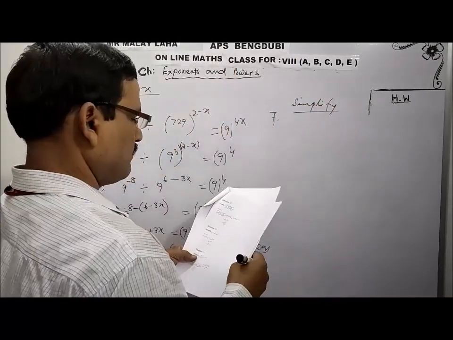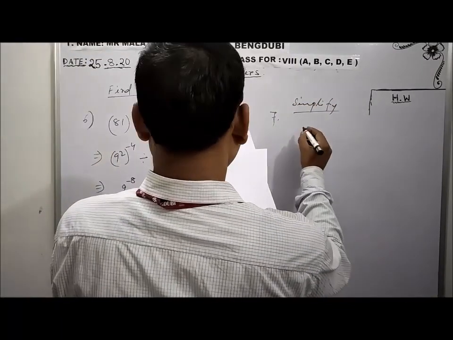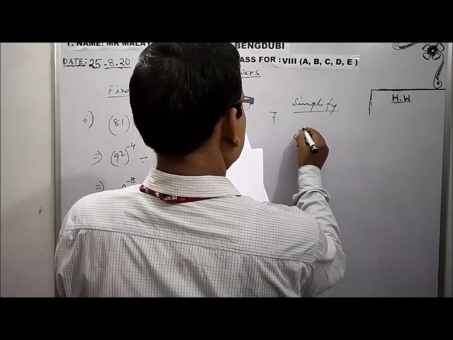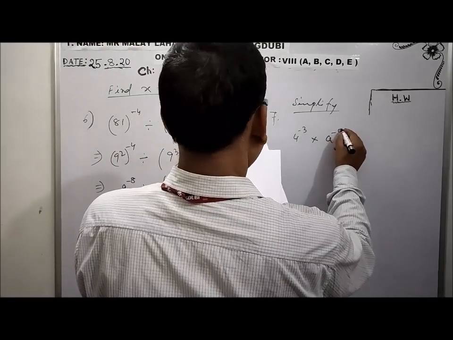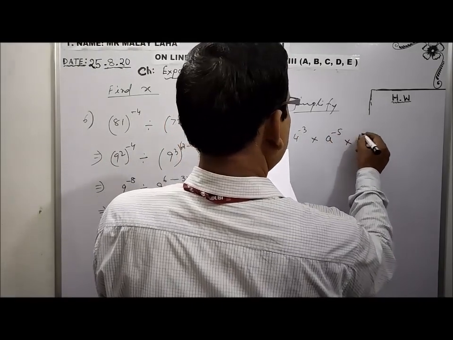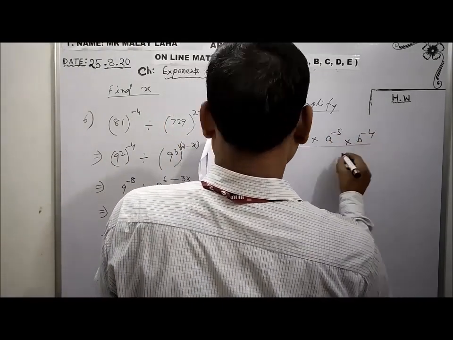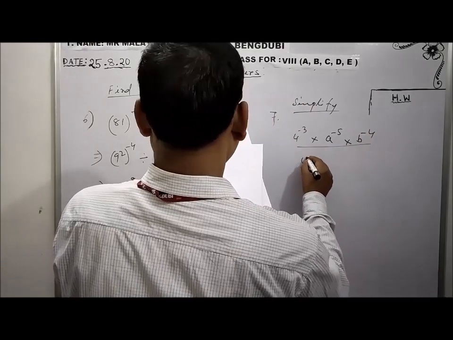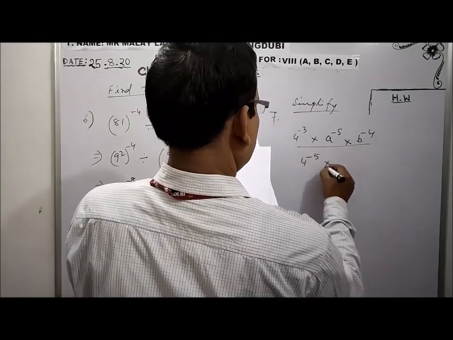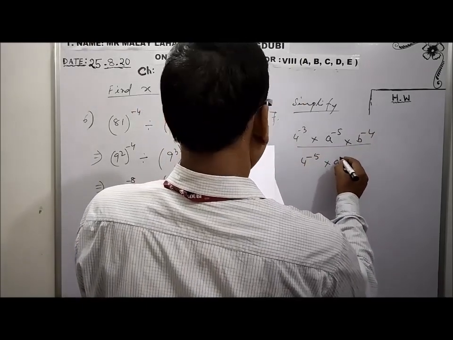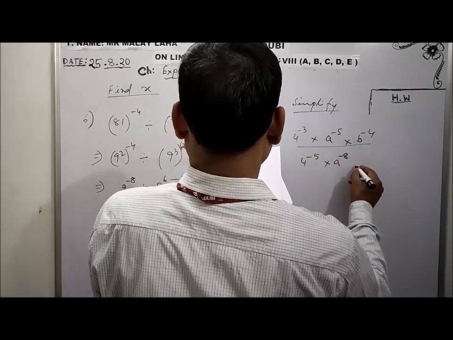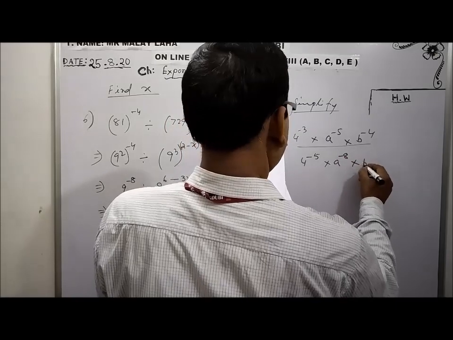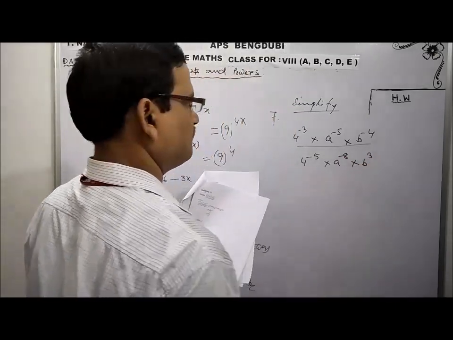Okay. Meaning is same. Negative exponent is there. 4 raised to minus 3 into a raised to minus 5 into b raised to minus 4, over 4 raised to minus 5 into a raised to minus 8 and b raised to minus 3.